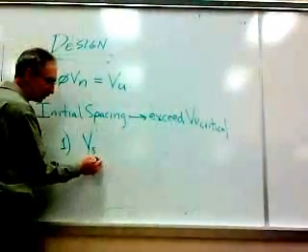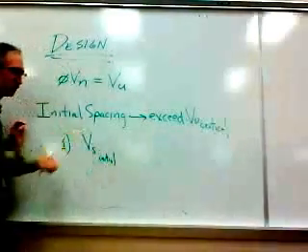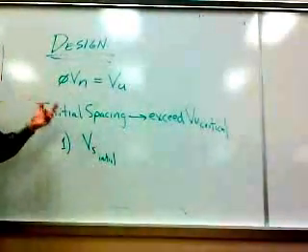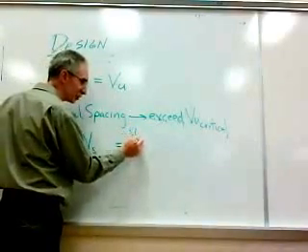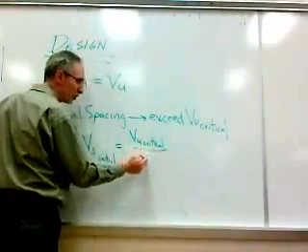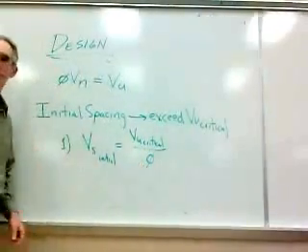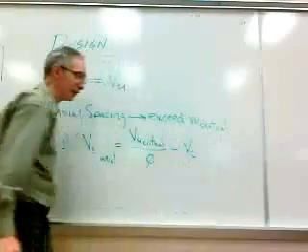You might even call this V_s initial if you're doing it on a piece of paper, because you're doing it for the initial spacing. V_s initial will be V_u critical divided by phi, minus V sub C.